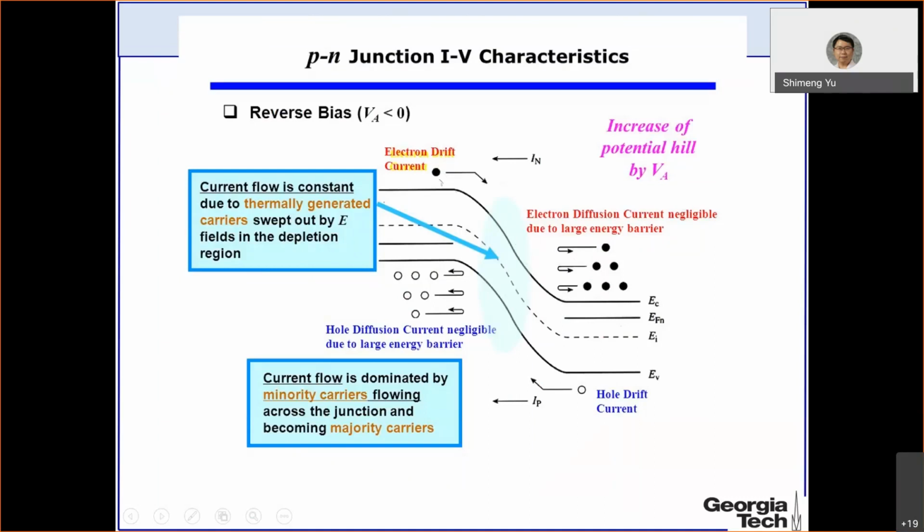Because this current depends on how many electrons are available at the edge of the depletion region. You have minority carriers here, the electron density is low, so the number of electrons that can fall down is limited. So the current is small. You have the drift current, but the current is small.